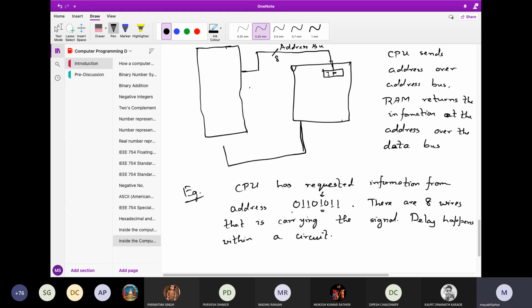Whereas previously it was 0110, now this signal has not reached yet, so it is still 0. So 01100001 is the address that the memory will see. And just afterwards, after those picoseconds, memory will see the address 01101011. Have you understood what I said?